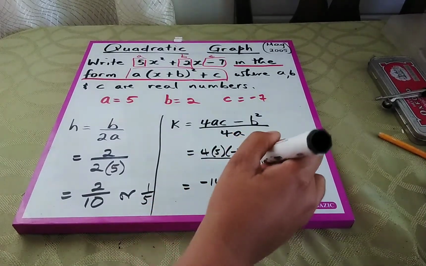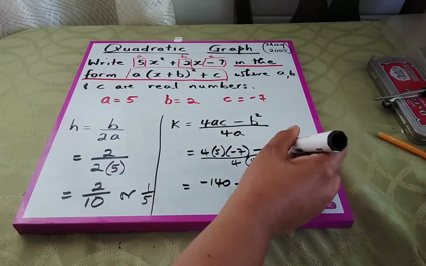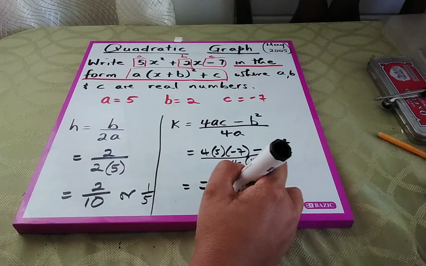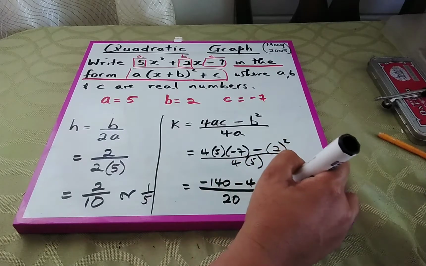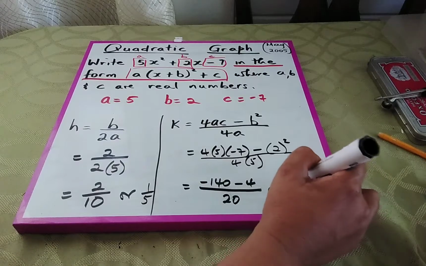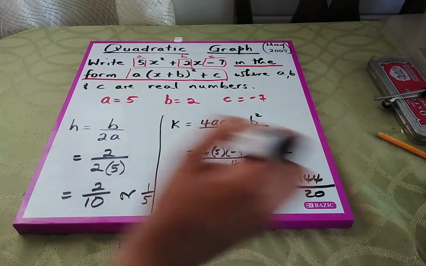Then you put back the minus sign, and 2 squared is 4, over 4 times 5 is 20, so we have negative 144 over 20.